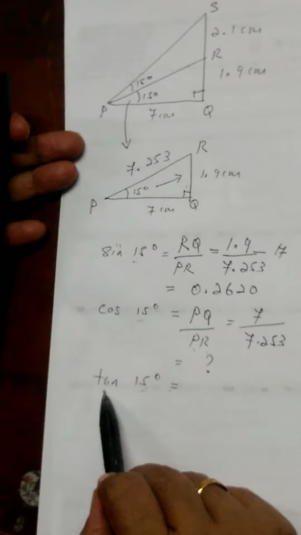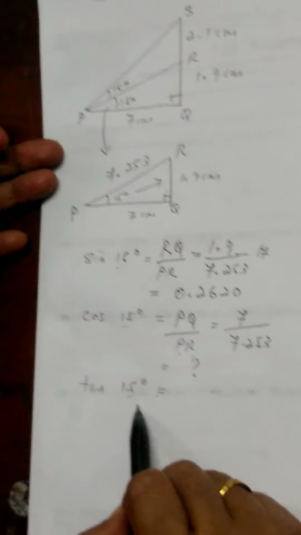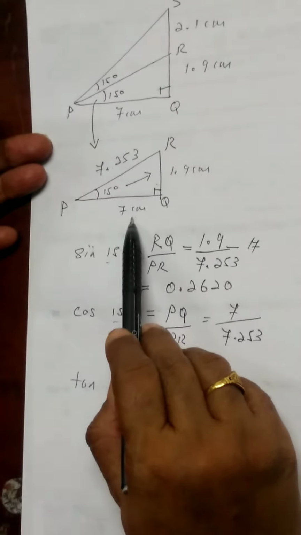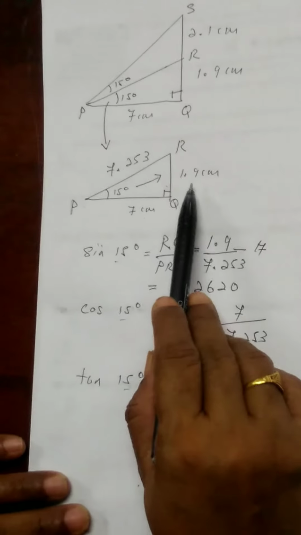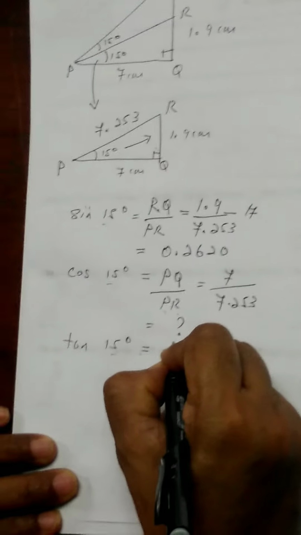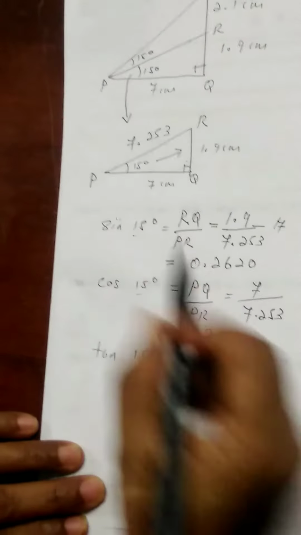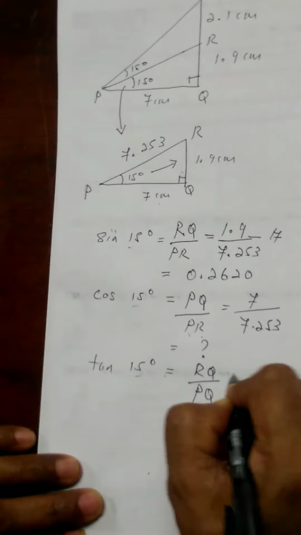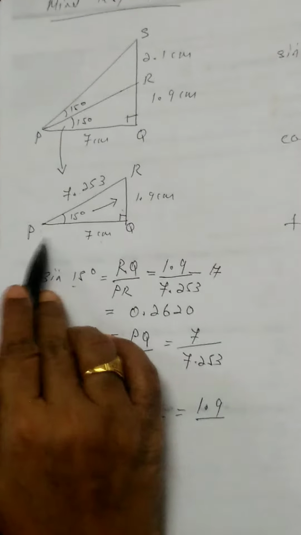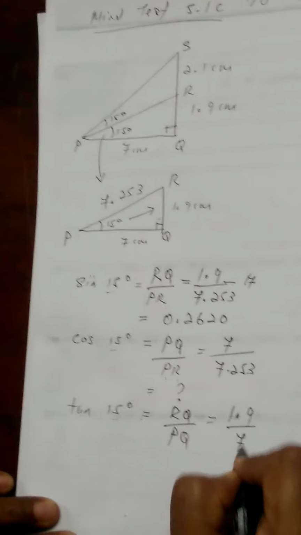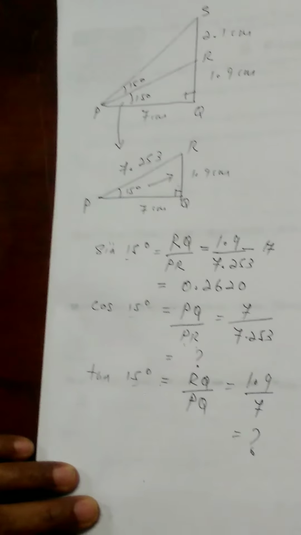Okay, likewise for tangent 15. Tangent 15 is supposed to be the opposite over your adjacent, which is RQ over adjacent PQ. Okay, RQ is 1.9 over 7. So use your calculator to get the answer.